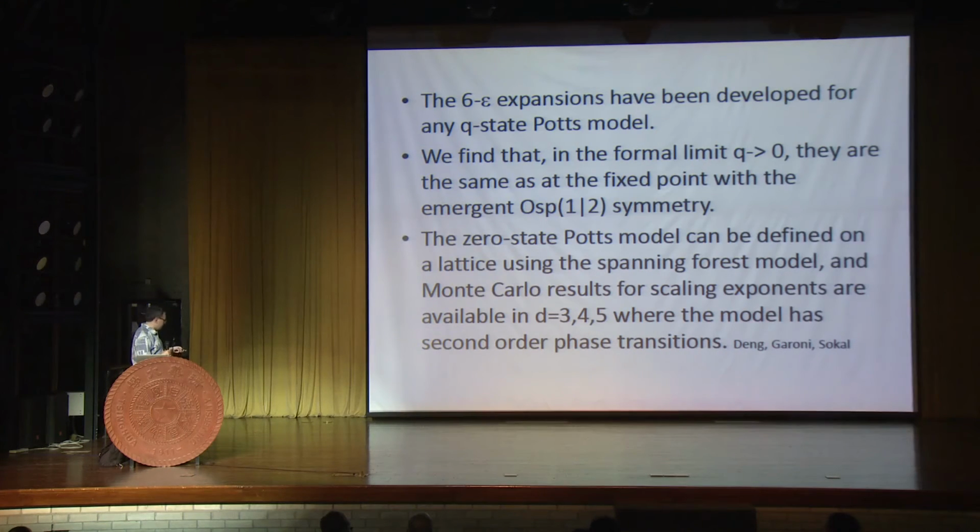So in this case, we basically know what is the statistical system behind this enhanced symmetry state. It's the zero-state Potts model, for which there is a lattice model called the spanning forest model, which is one of the really basic lattice models. And in Monte Carlo results, this model actually has second-order phase transitions in 3, 4, and 5 dimensions, which are reproduced pretty well by epsilon expansions.